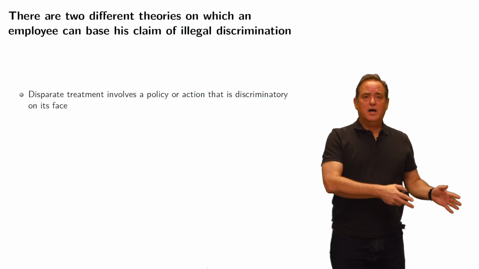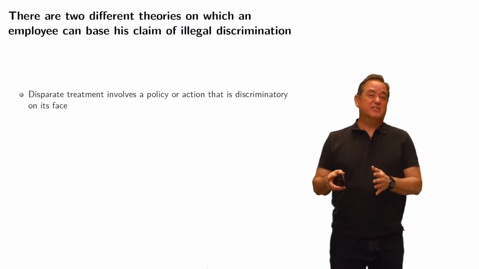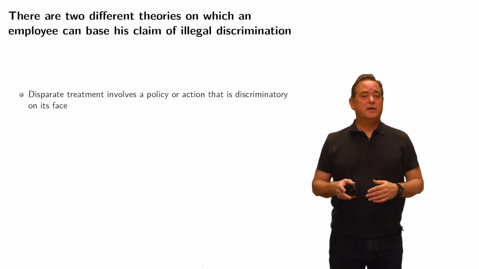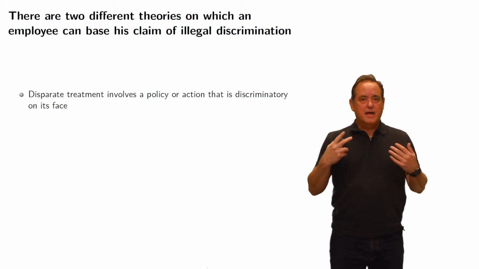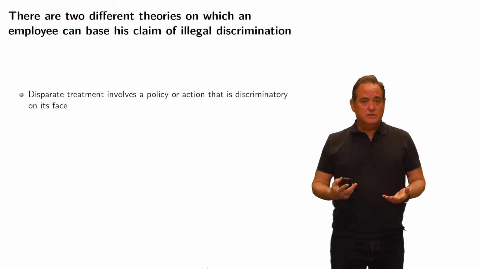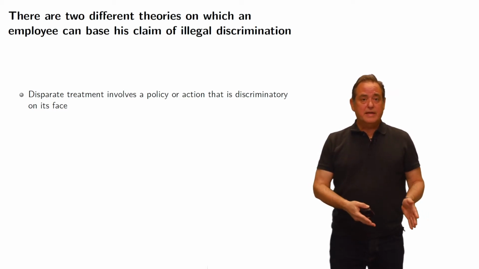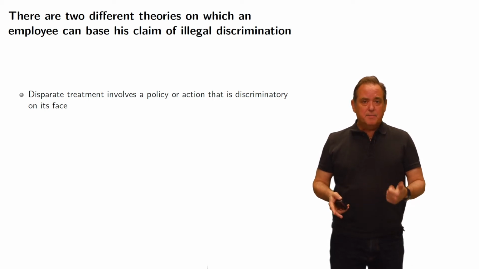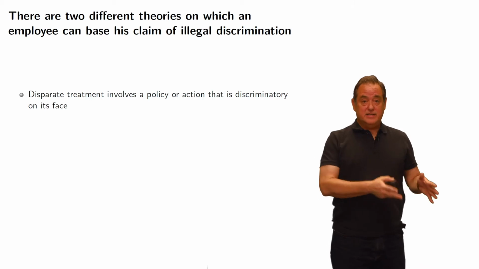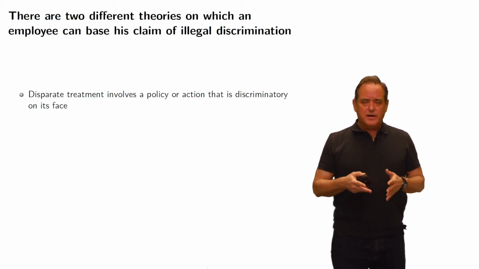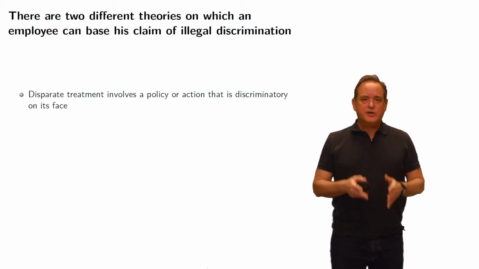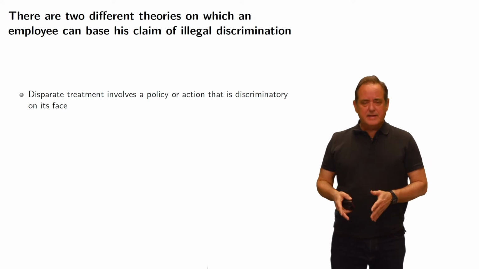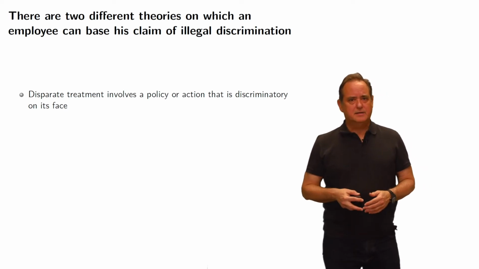And I fire John, but I'm afraid of a discrimination suit, so I retain Maria. Well, what's happened? I have made a decision to fire one employee and to keep the other employee based on sex. So what that means is that John would have a right to bring a claim because he was treated differently on the basis of membership in a protected class.